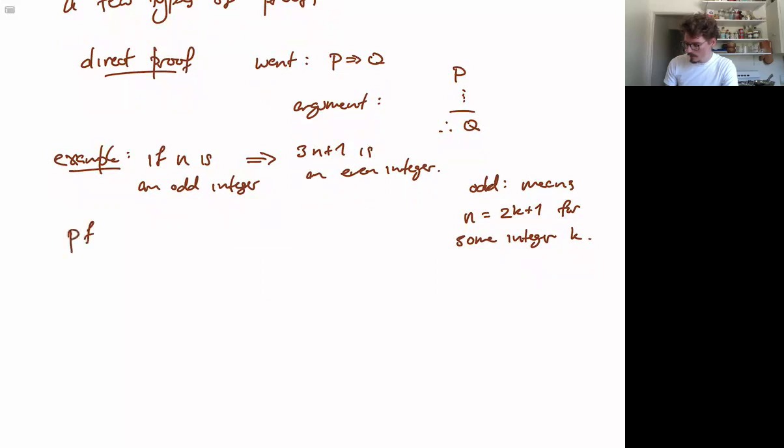Okay. Quick proof, not too complicated. By definition, we can write n equals 2k plus 1 for some integer k.